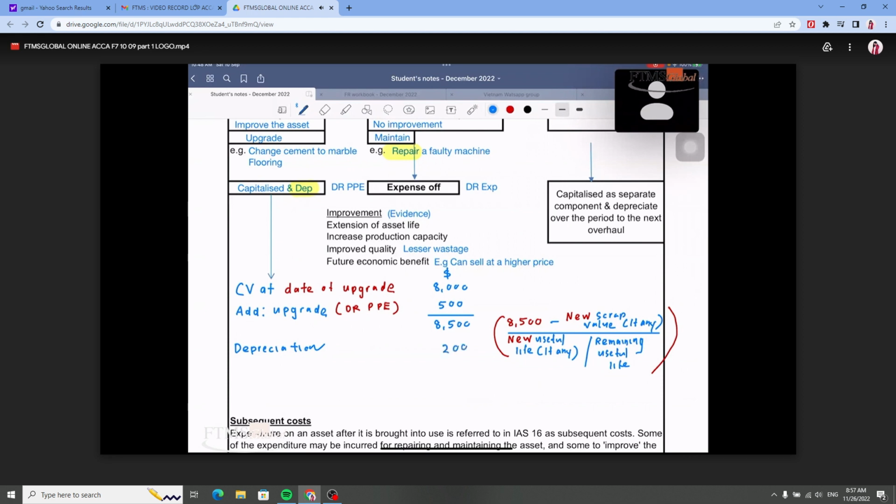Then I will get the answer that some people call carrying value after upgrade, and some people call it carrying value at SOFP date. The number will be 8,500 minus 200, which is 8,300.